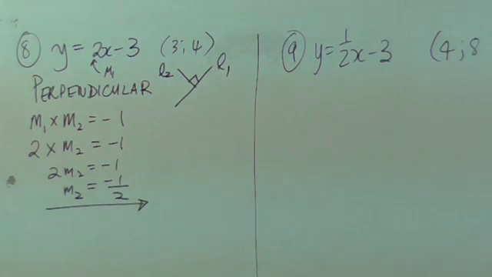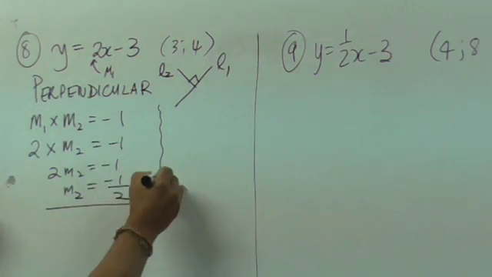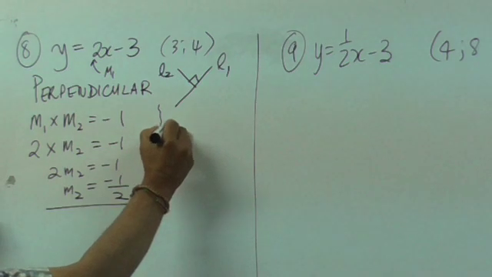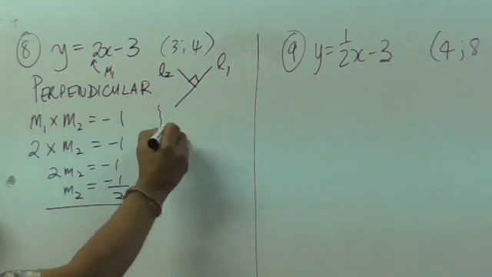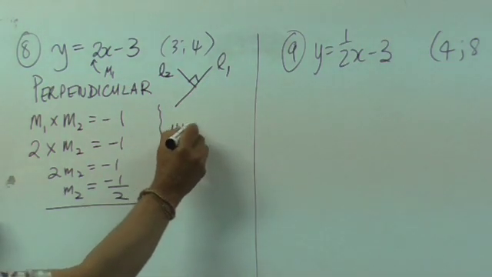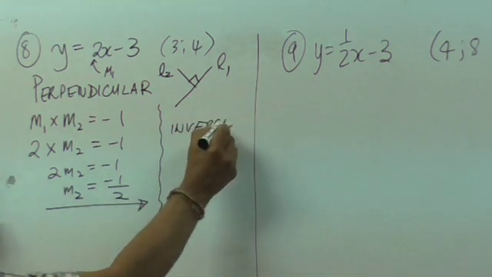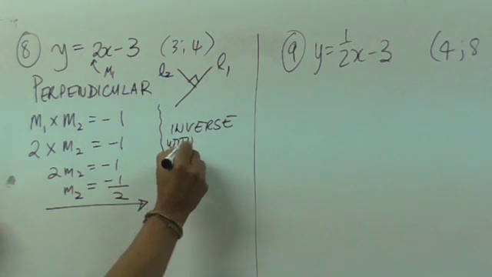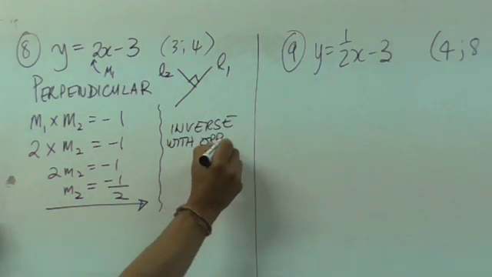You could do it like this, or if you want to remember another way, the gradient of a perpendicular line is equal to the inverse with opposite sign.